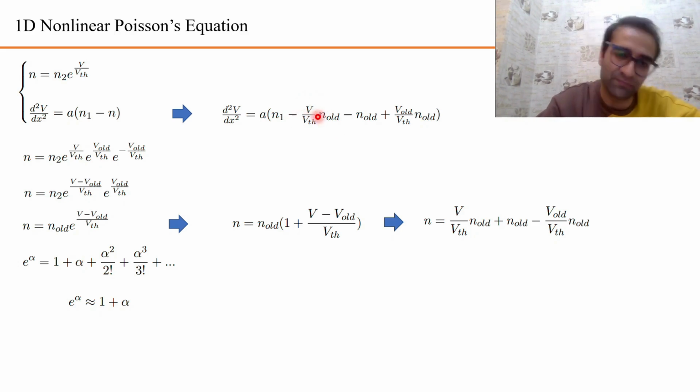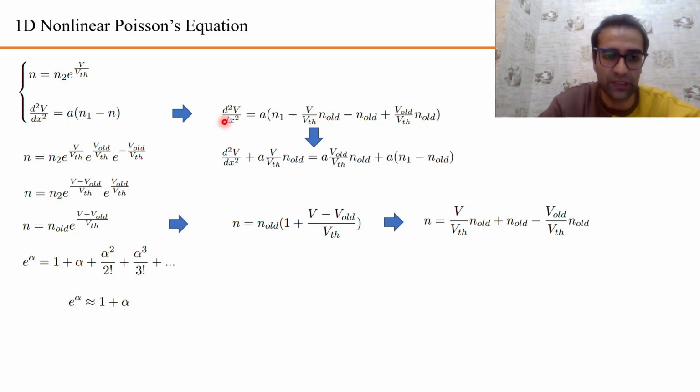Therefore, we just send this term to the left hand side of the equation, and rewriting the right hand side, we will end up with such an equation. And when v old is equal to the v that finally should be, this term and this term will cancel each other, and what is left will be the previous nonlinearized Poisson equation.